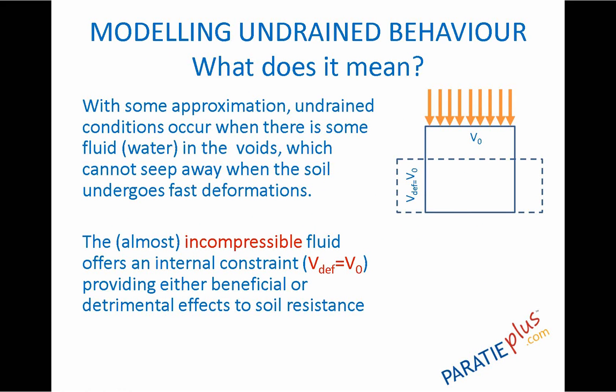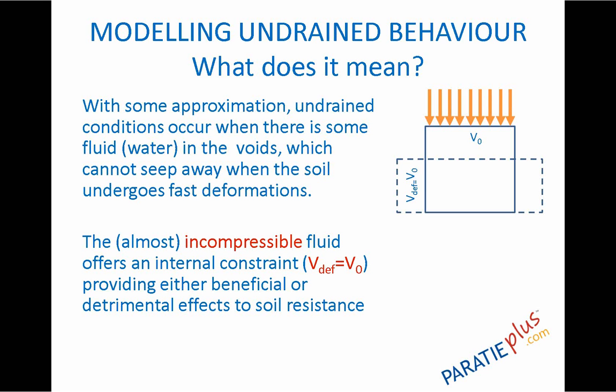So, first of all, let's give some statement, some definition of what we mean as undrained behavior. Essentially, in soil mechanics, undrained behavior is a behavior of soil in which there is some fluid, normally water, inside the voids that cannot seep away when the soil is deformed.